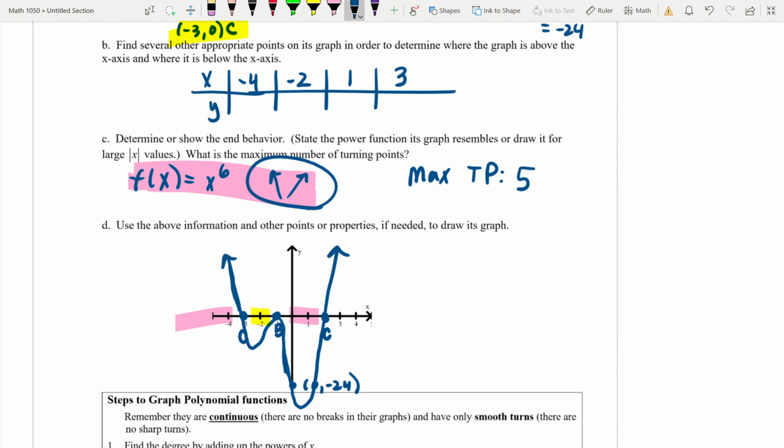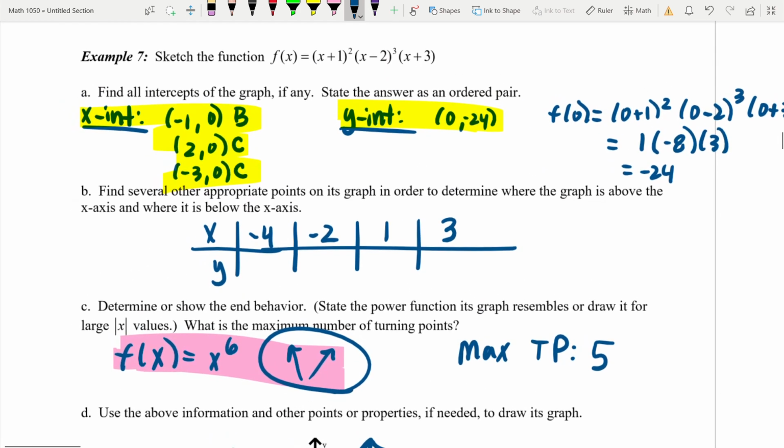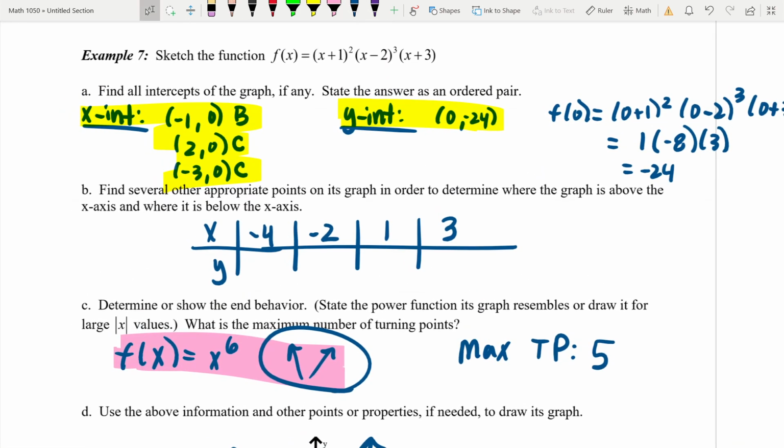So this is supposed to be what over here, everybody? Like a 3 would be the easiest, right? Okay, grab your calculator. Negative 4, store, enter. Parenthesis, x, enter, plus 1, close it, x squared. Parenthesis, x, enter, minus 2, close it. Now, how do I raise something to the third?